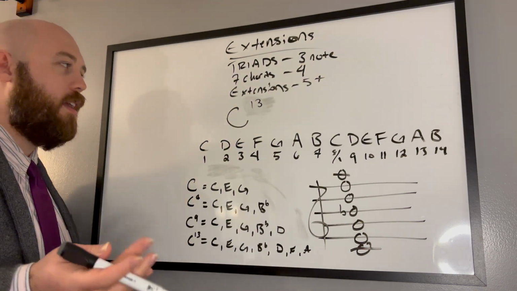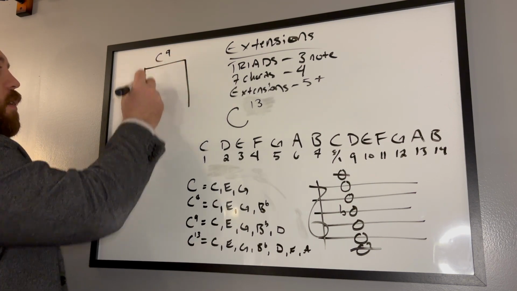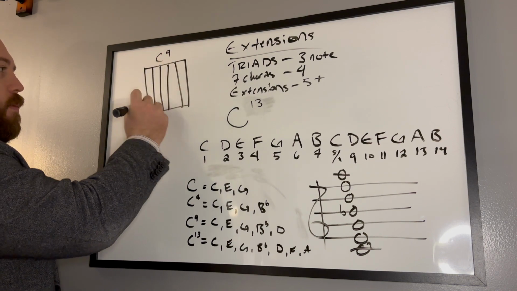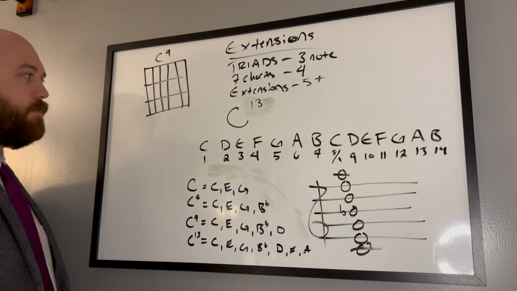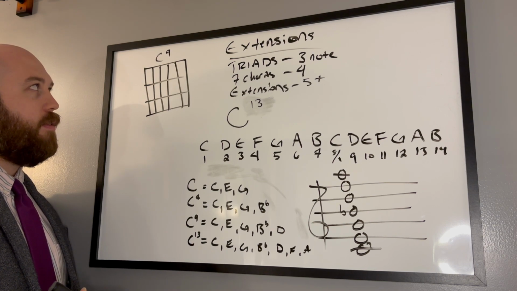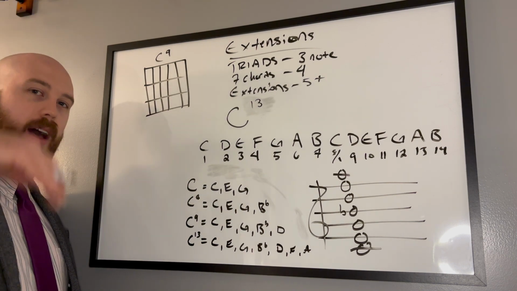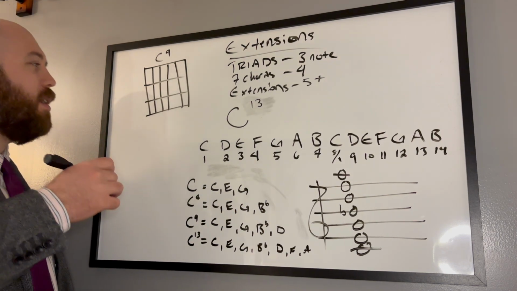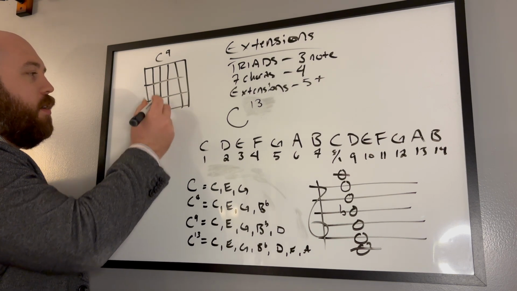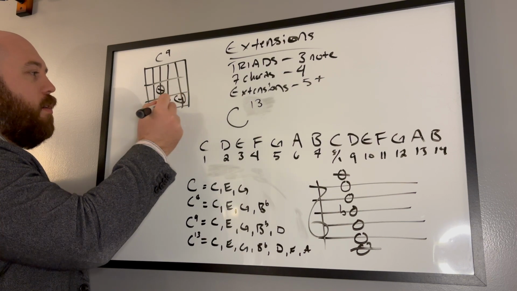All right, so for example, here's a C9. Okay? Now, this is an example of a chord that we can put the 9 on the very top. It's the highest note that we're going to play. So it's a 2 here, your 1 here, 3, and 4.